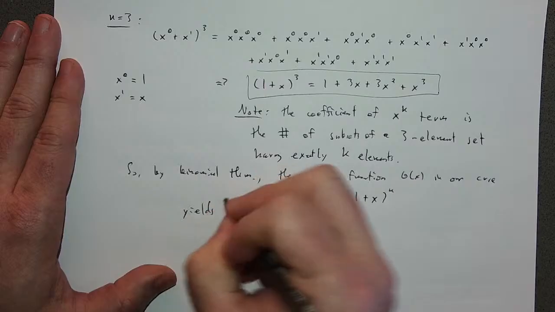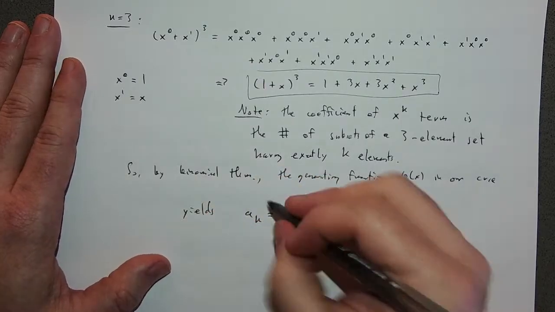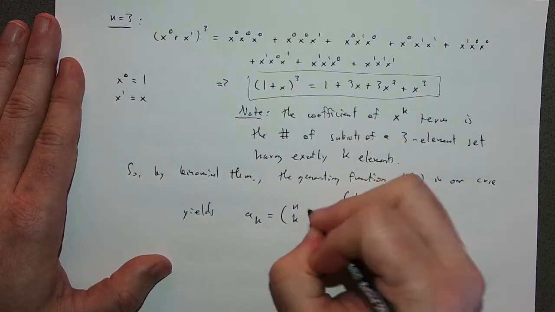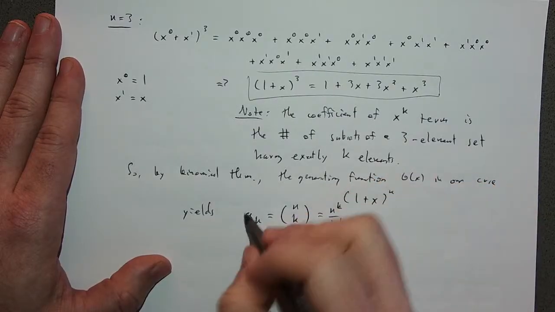This yields that a sub k is exactly the coefficients in the binomial theorem. So it's n choose k, or n to the k falling over k factorial.